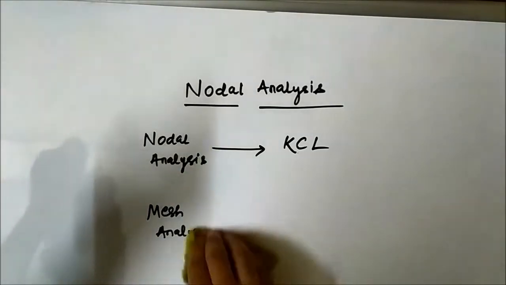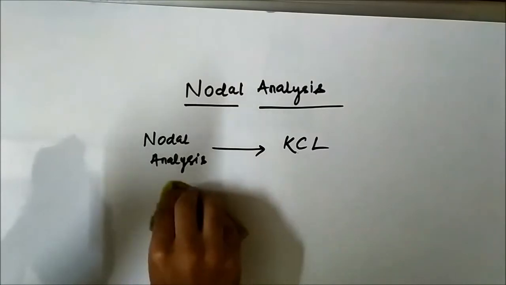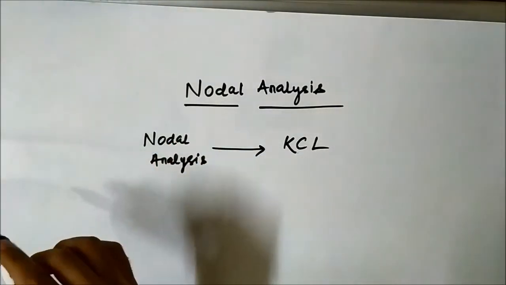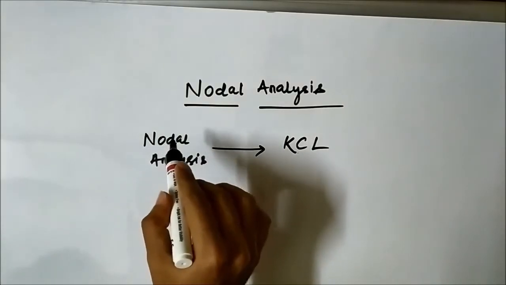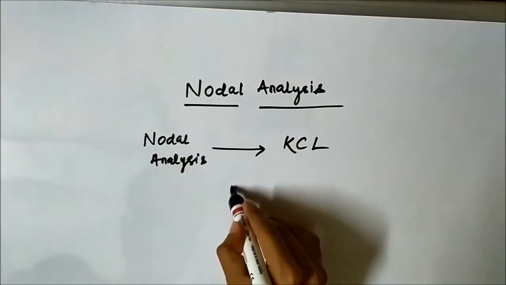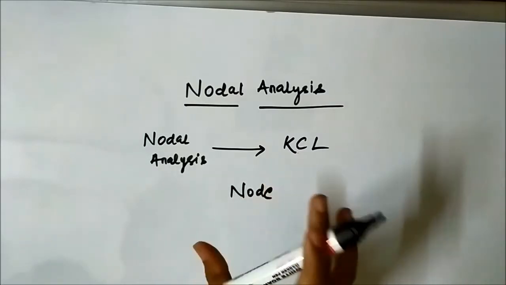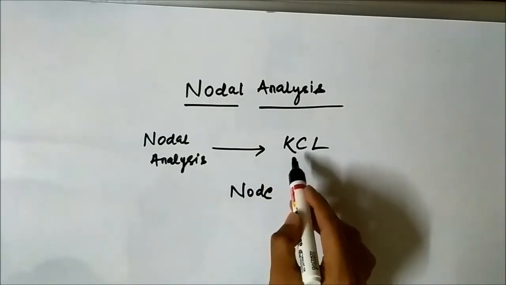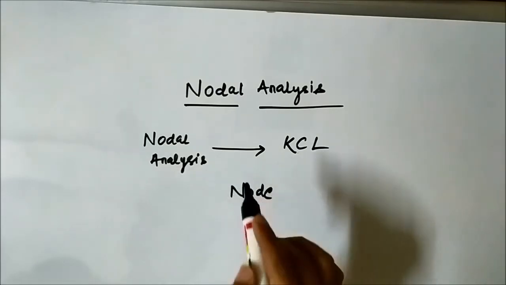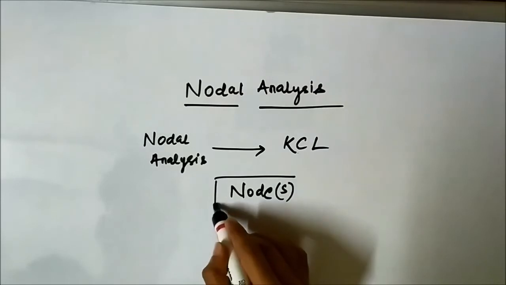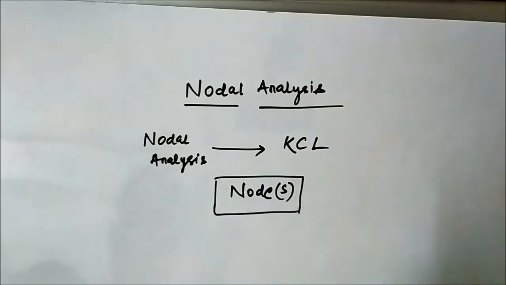Now, from this word nodal analysis, the one thing which strikes out is node. Nodal analysis is all about nodes and applying KCL at those particular nodes. So how to identify a node?